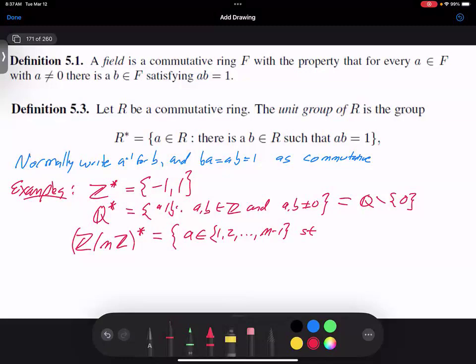I'm looking at integers in Z mod mZ, so it's going to be somewhere from 0 to m minus 1. I want it to be invertible on the clock with m hours. It can't be 0. Which a's will be invertible?